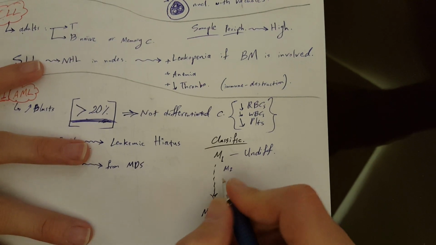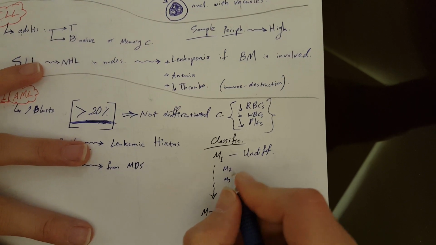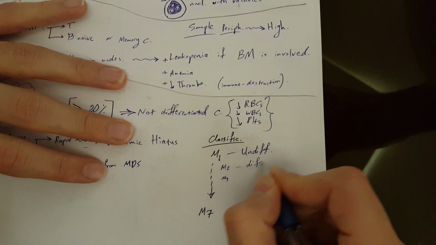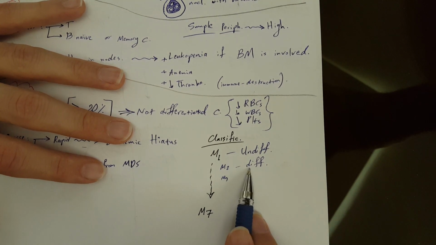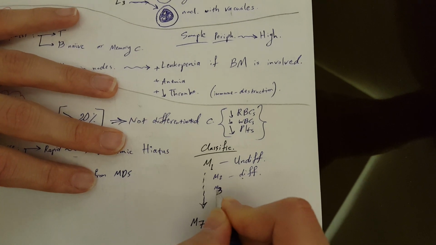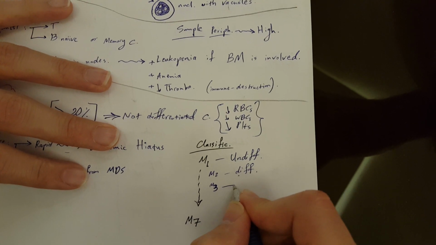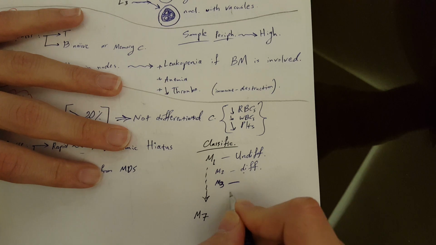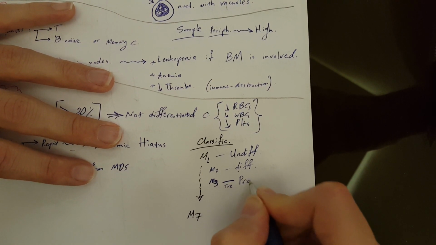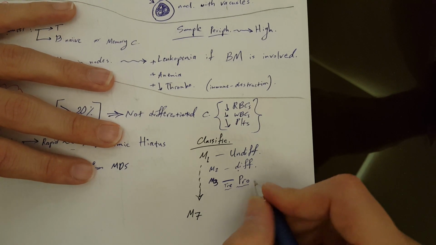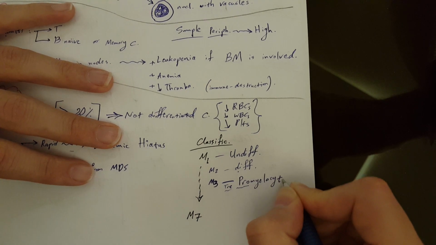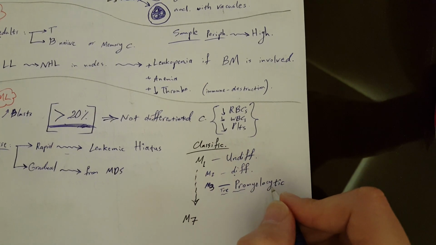I can tell you there's M2, M3, blah, blah, blah. The ones that are mostly important clinically: M2 is differentiated. Is it easy so far? First undifferentiated, then it differentiates a bit. The one that is really important is M3. This is promyelocytic leukemia, and it's one of the important types.